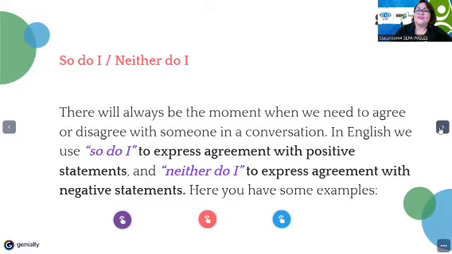Let's repeat. There will always be the moment when we need to agree or disagree with someone in a conversation. In English, we use "so do I" to express agreement with positive statements, and "neither do I" to express agreement with negative statements.